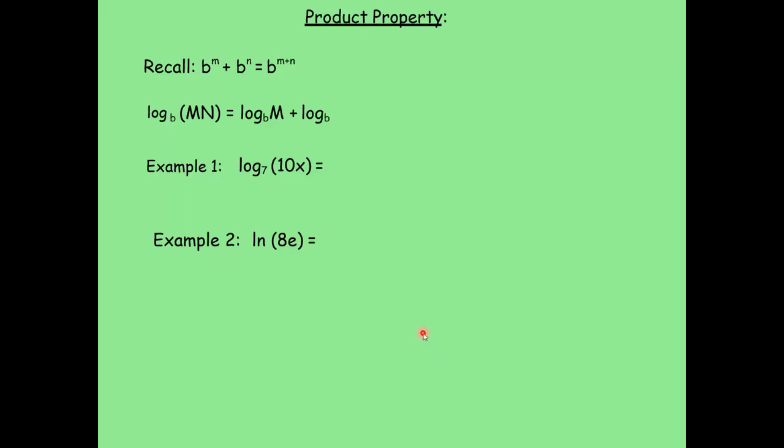So here we have our log of a product property. And here again, when you have the same base, you add the exponent. So if we have m times n, oh, the n is missing. Let me put that in there for you. We do log with base b of m plus log with base b of n.